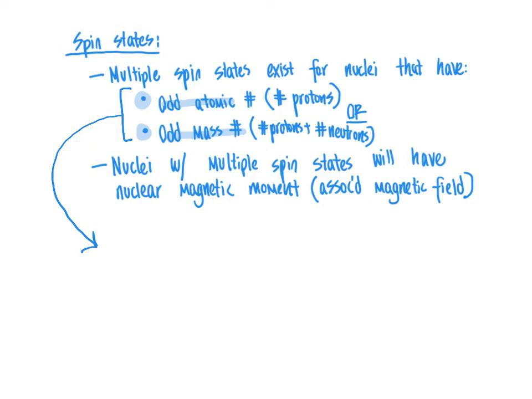So in order for a nucleus to be detectable by NMR, it needs to meet one of these two criteria: odd atomic number, odd mass number. So we can ask the question of, can we detect by NMR?